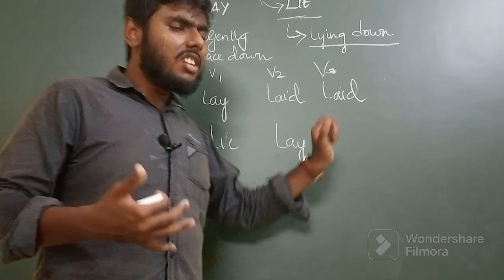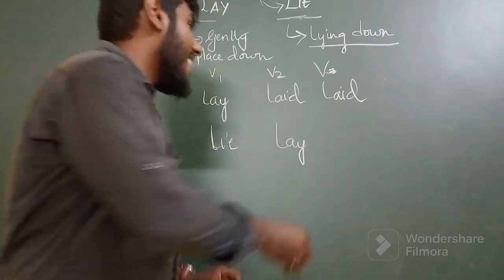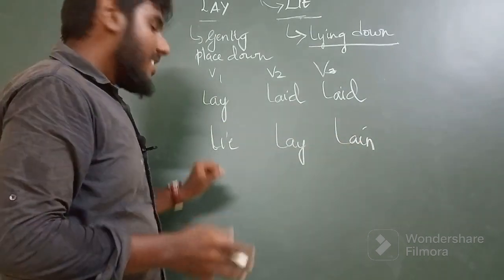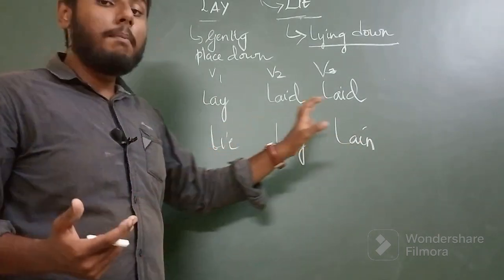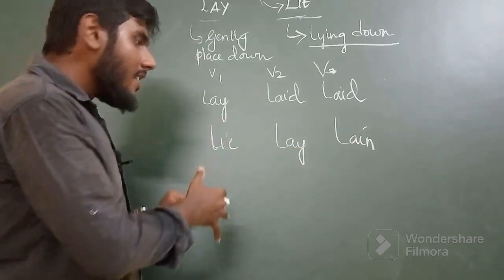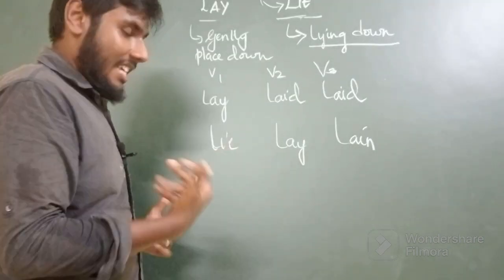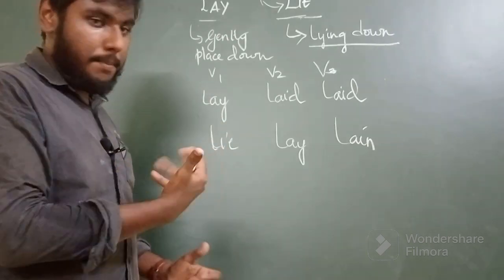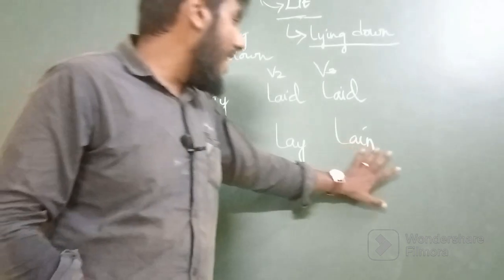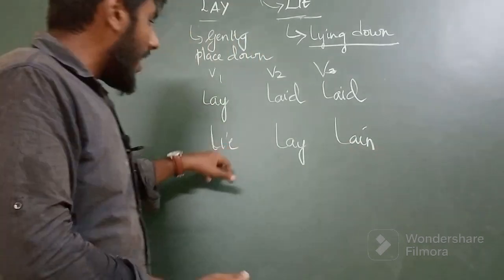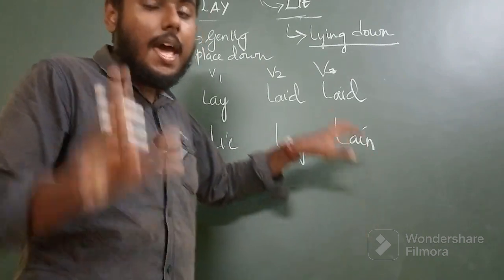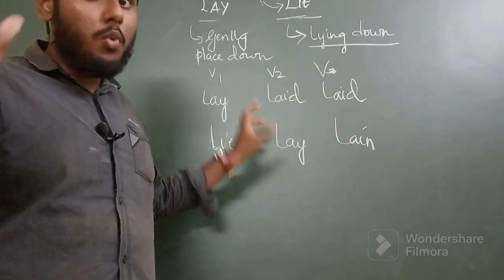And the V3 form of lie is lain. Lain, okay? So the V3 form, the participle form of lie, is lain. You need to really memorize these forms of verbs to not commit mistakes. Of course, lain, the V3 form of lie, is not commonly used, but most of the time we make mistakes.